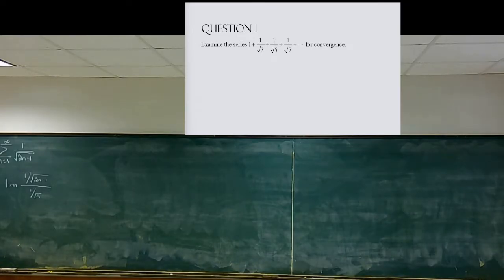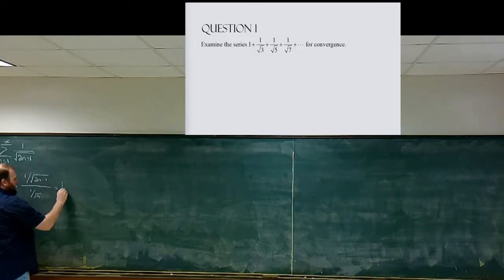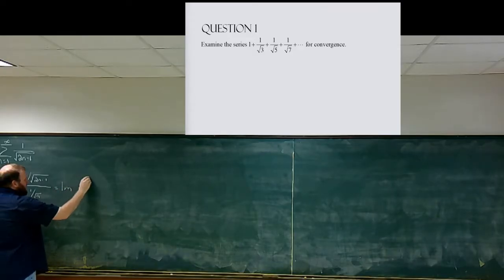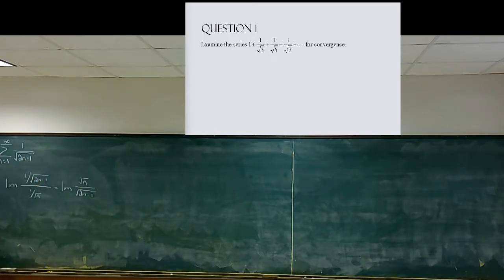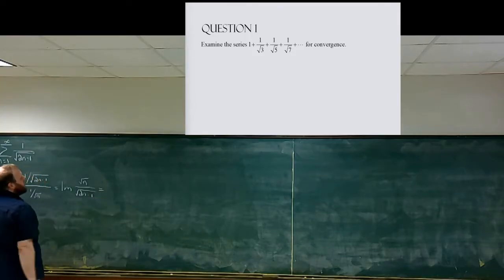Let's look at this limit. That's the same thing as the limit of n over root 2n minus 1. What's that limit?